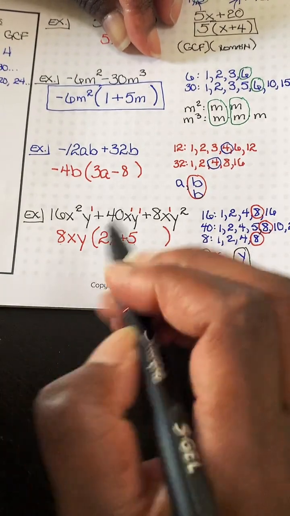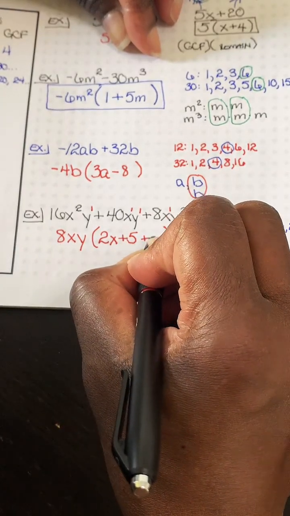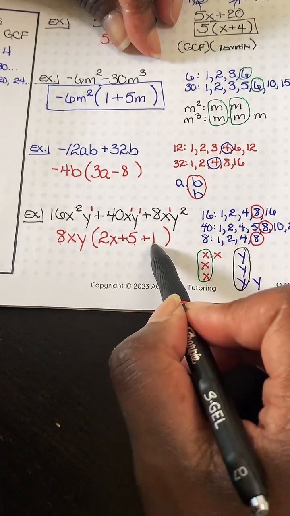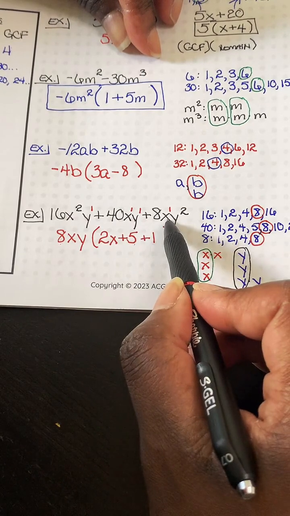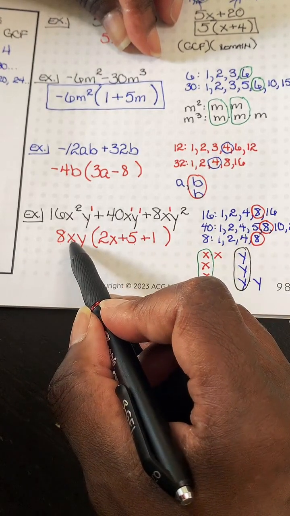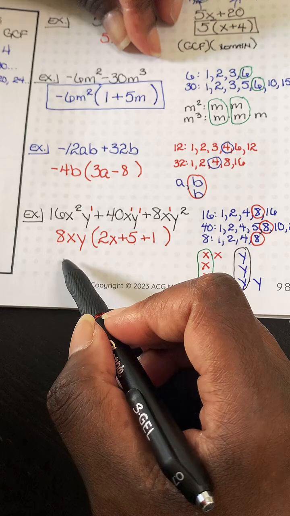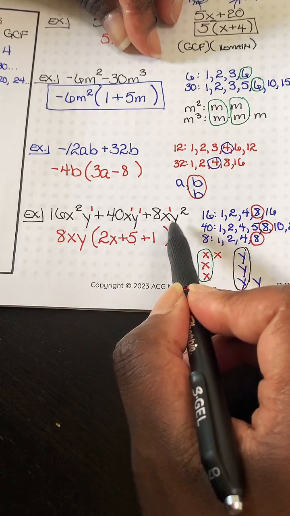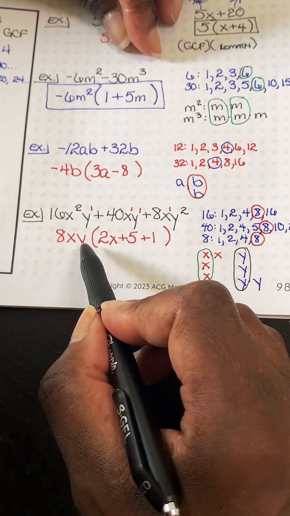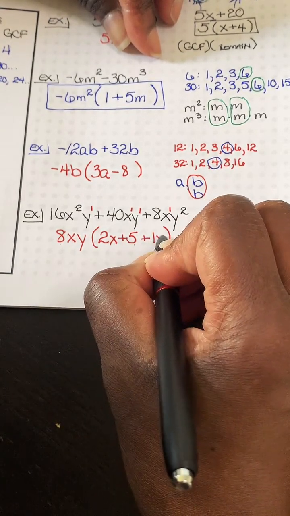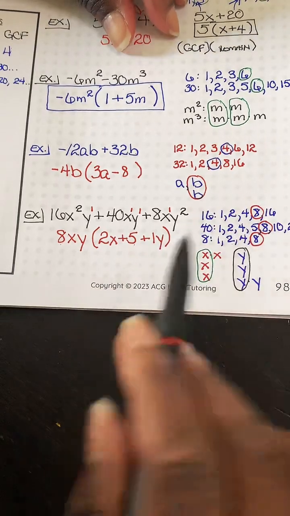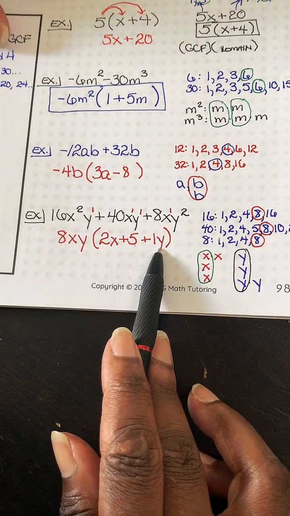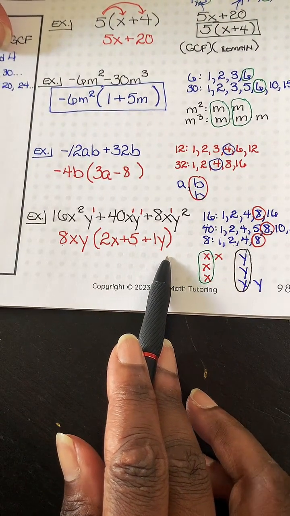Positive 8 divided by positive 8 gives me 1. You had 1 x, you pulled 1 x out, you don't have any x's anymore. You have 2 y's, you pulled one of the 2 y's out, you have 1 y left. If you just say plus y, that's perfectly fine as well. So you can say just y.